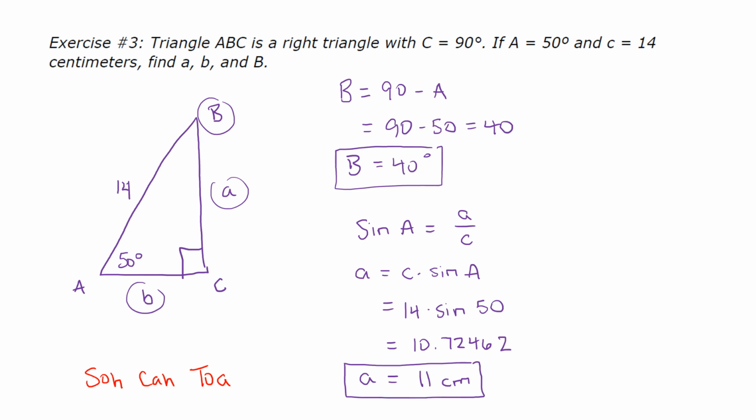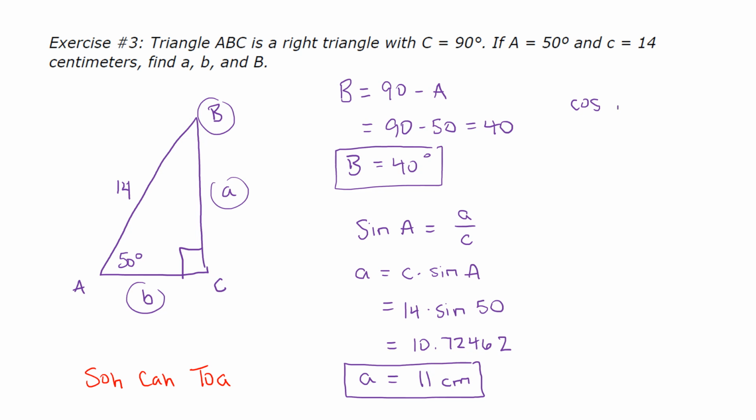Okay, so we have angle B and we have side A. Now let's find side B. Side B is the adjacent side to my angle A, so adjacent and hypotenuse is what I'll be using. That would be cosine.